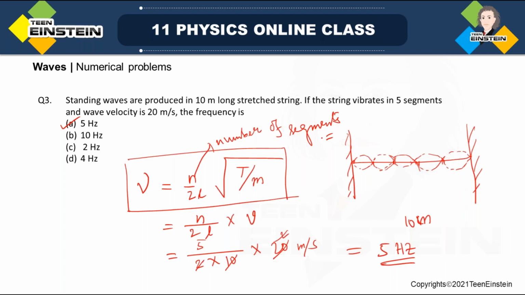And this square root of T by M gives the velocity of the wave. All right, so we have got the answer for this also.